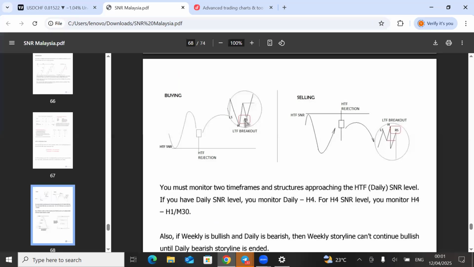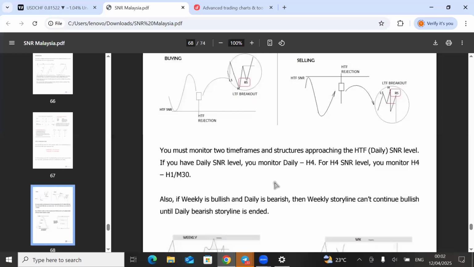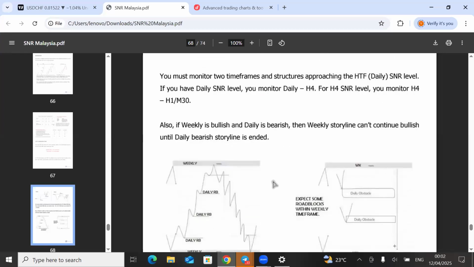What do you want to see? You want to look for a lower time frame breakout. So in a lower time frame, you're going to see a sweep, break of structure. You want to see a break of structure, not like this. This one is just a demonstration. Or like this one you are going to see here. We see a break of structure to the downside and price will return. It's your left shoulder, head, right shoulder. Price will return, then tap and sell off. I hope I'm making sense. I hope that answers your question.